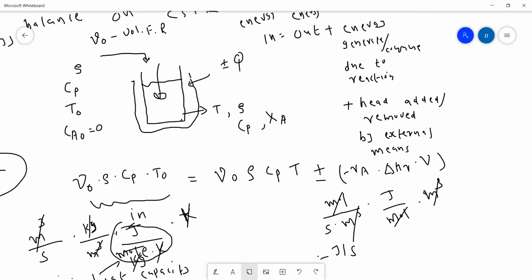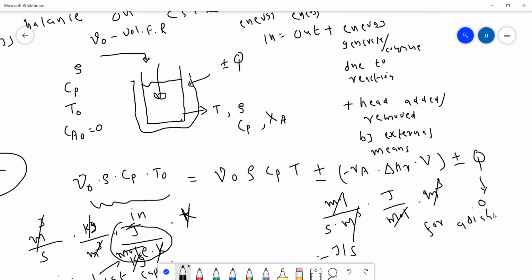Plus or minus Q, whether we give heat or remove heat. And Q is equal to 0 for adiabatic condition.